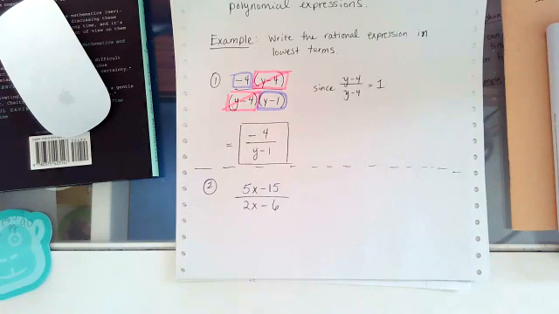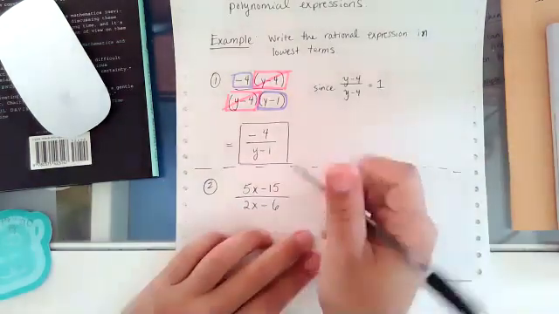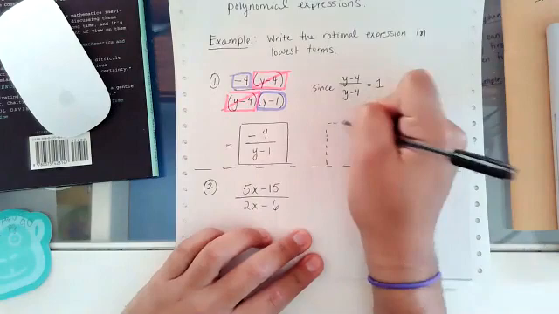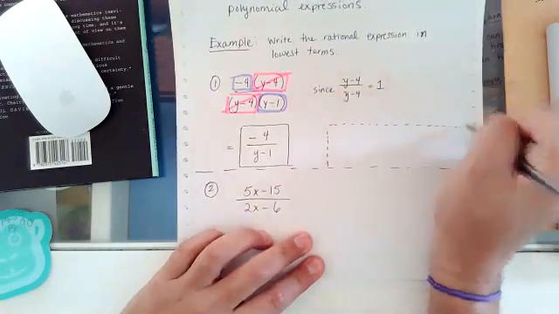Does anybody have any guesses? It could be 5 times (x minus 3) over 2 times (x minus 3). Yes. Okay, good. x minus 3.